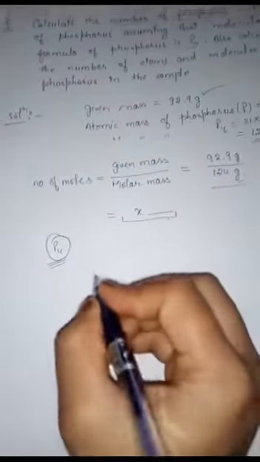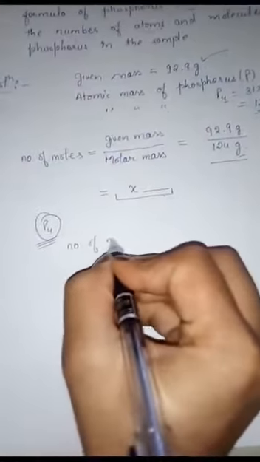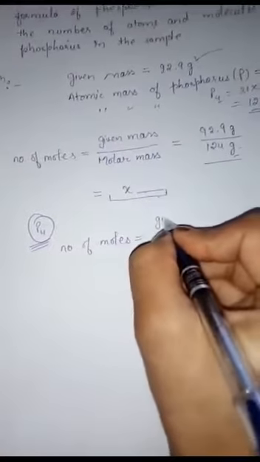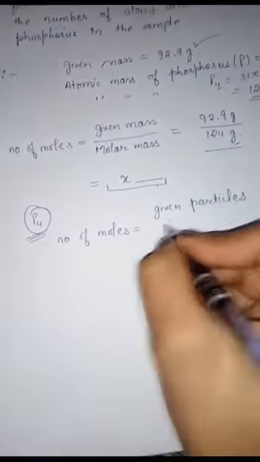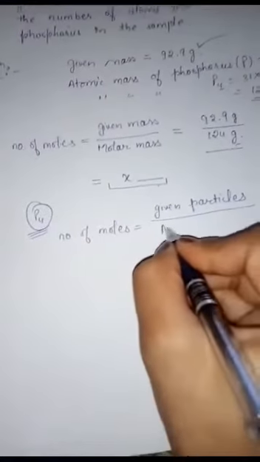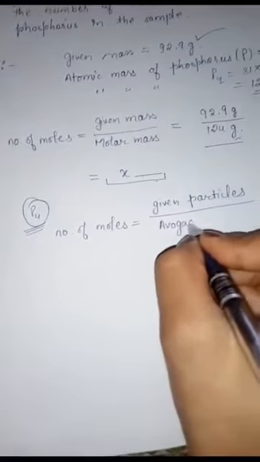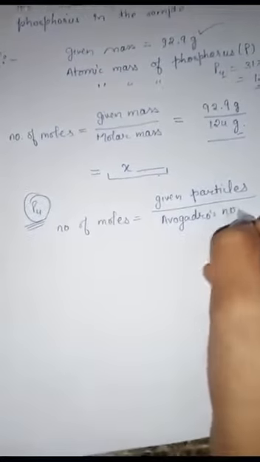And we know that to calculate the number of molecules, again number of moles is equal to given particles divided by Avogadro's number.